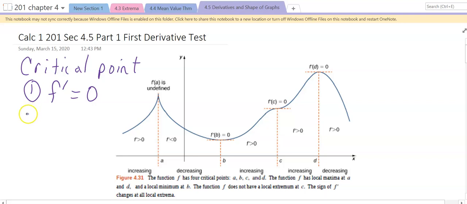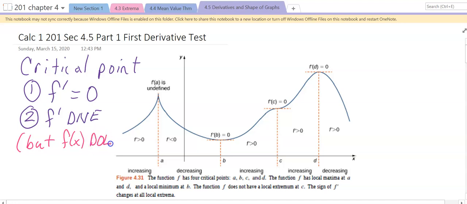The other place that you can find a critical point is when the first derivative of the function does not exist, and the second part is crucial. While the first derivative does not exist, the function does exist at that point. This is very important to remember.